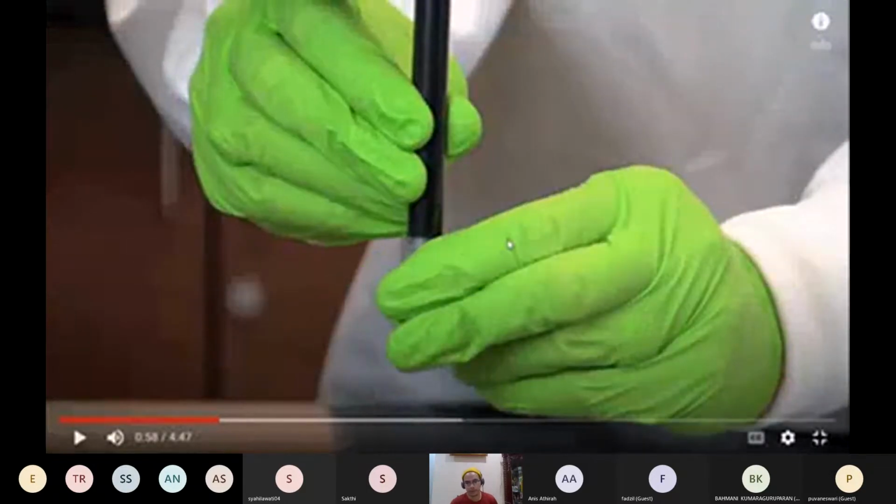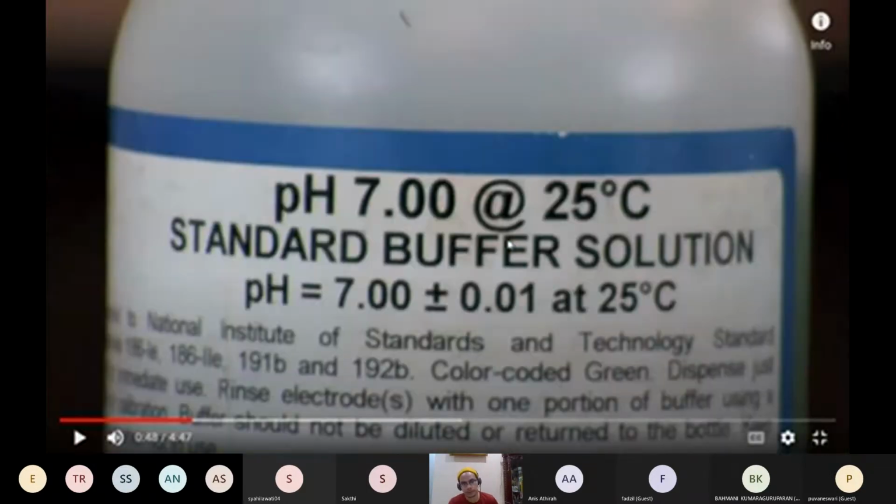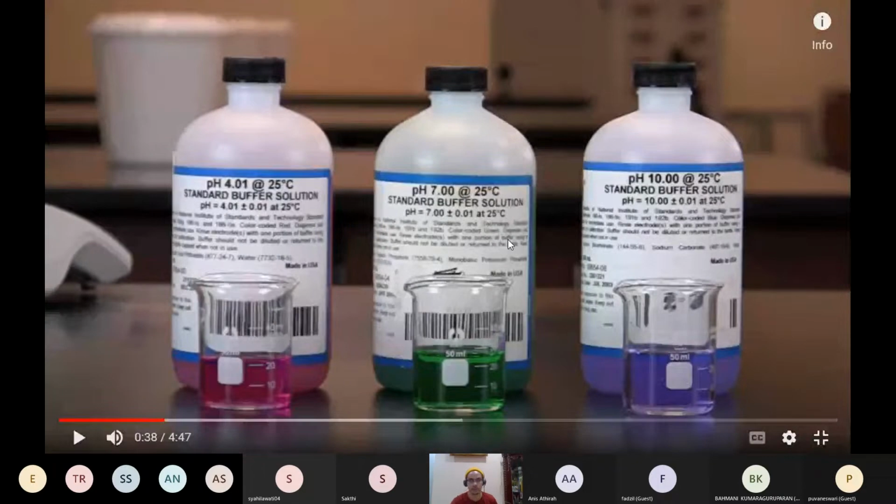Okay, so saya nak explain about this pH standards buffer solution. So before we begin any pH determination, kita perlu calibrate dulu our pH meter. So the purpose of why we are calibrating our pH meter is to make sure that our pH meter is working as it should.